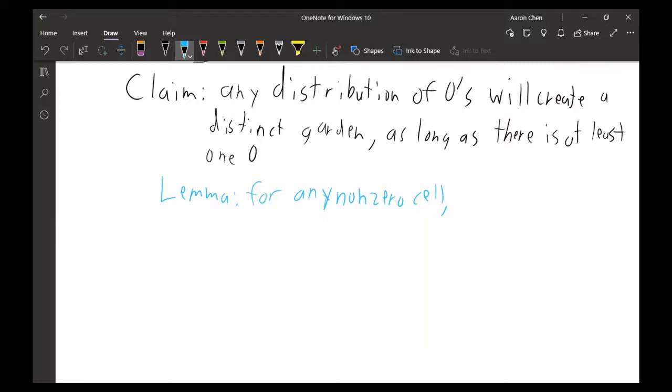So for any non-zero cell, the number in the cell, otherwise referred to as the value, so I'll just refer to it as the value from now on, is equal to the distance from the nearest 0.